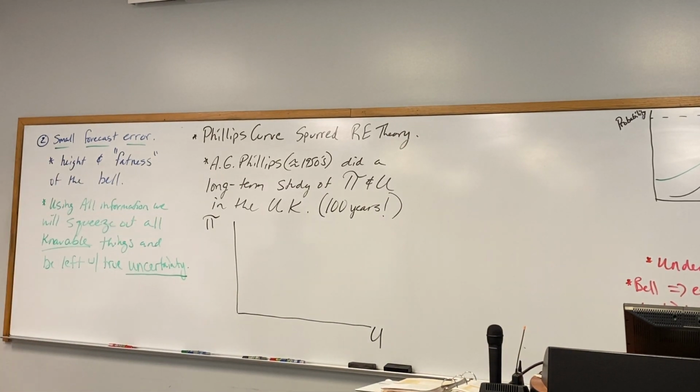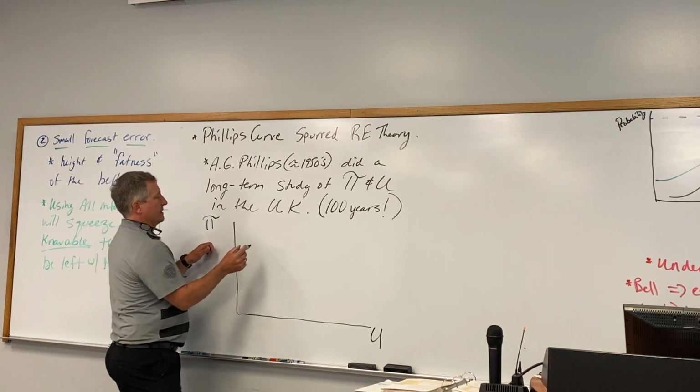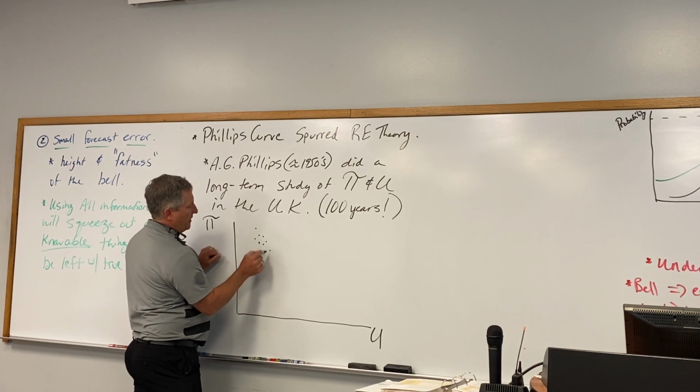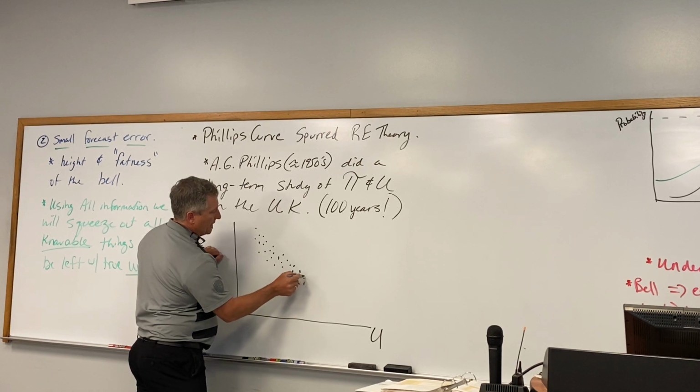Did you guys get caught up to that point here? Okay, so here's the punchline. He found that, in 1867, it was here. And in 64, it was here. 100 years, 100 dots of data points.